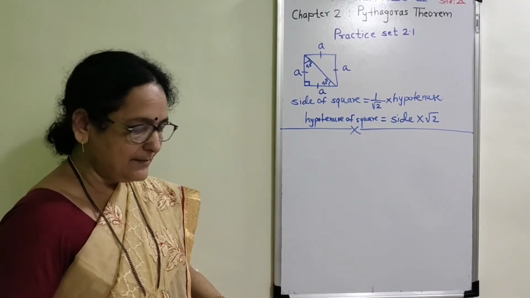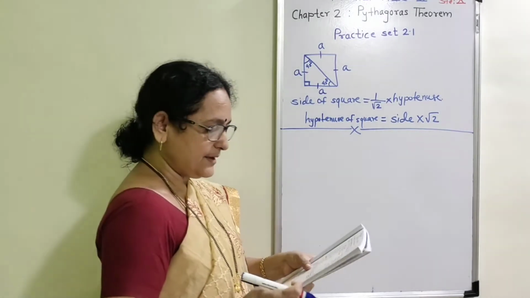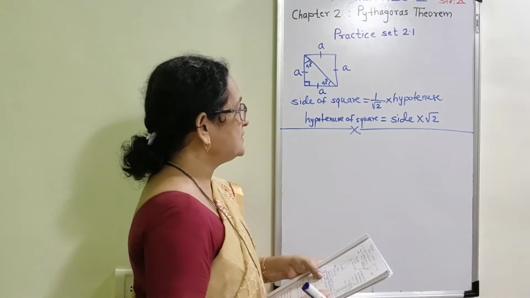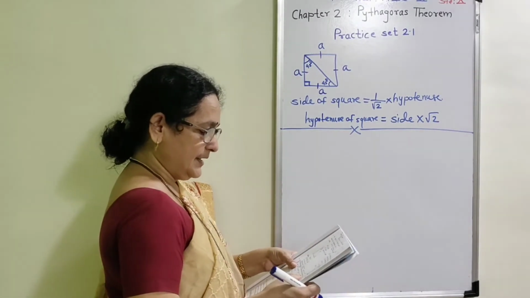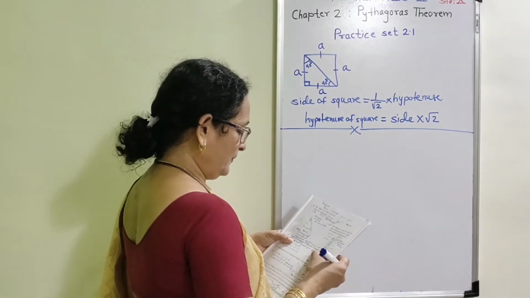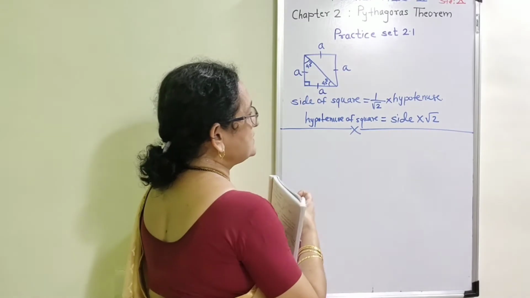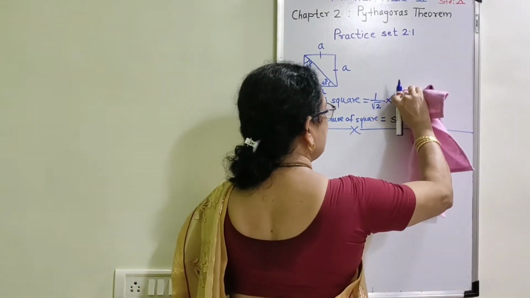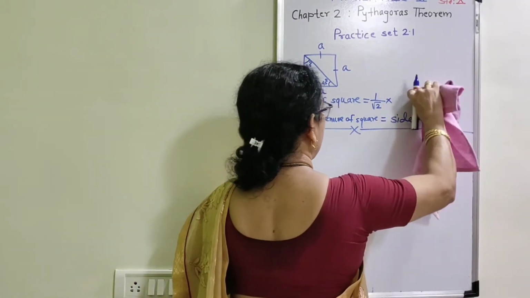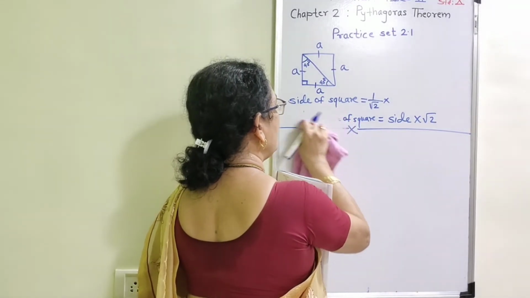Now an example based on the side of a square and its diagonal is always included in the exam. Here instead of hypotenuse I am going to write the word diagonal of square.